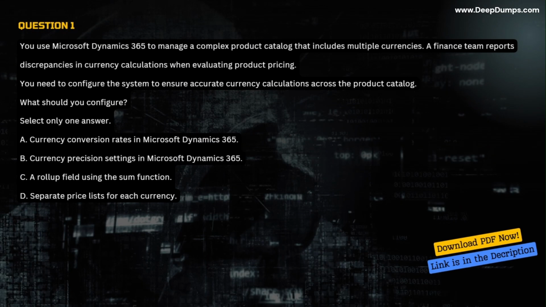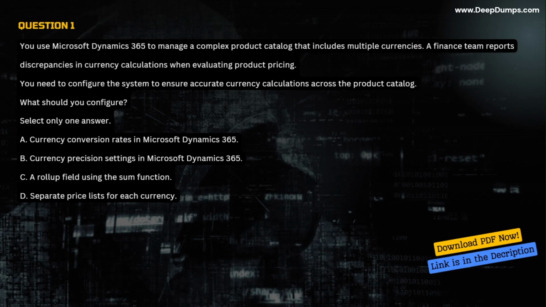Question 1. You use Microsoft Dynamics 365 to manage a complex product catalog that includes multiple currencies. A finance team reports discrepancies in currency calculations when evaluating product pricing. You need to configure the system to ensure accurate currency calculations across the product catalog. What should you configure?